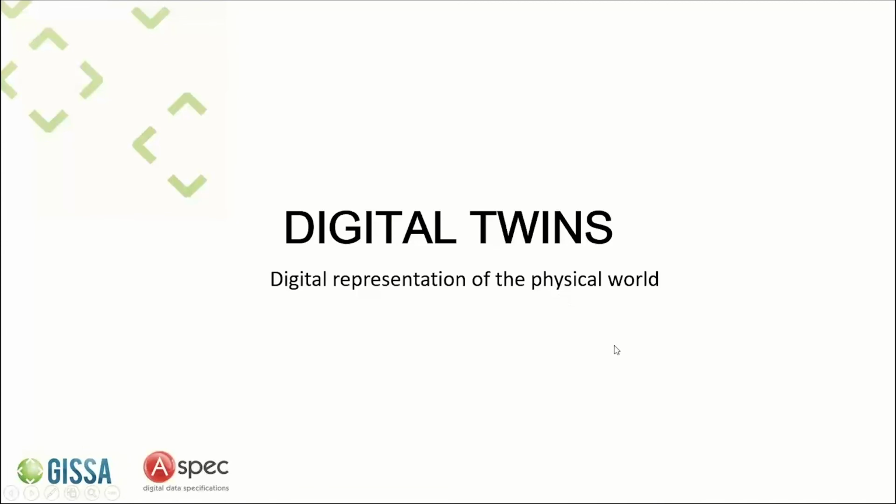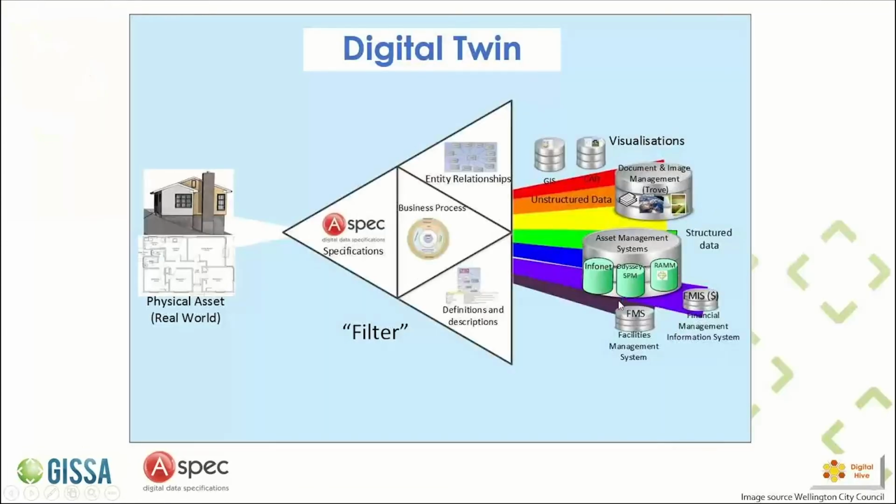Digital twins, digital representation of the physical world. A-SPEC already does that. If the physical world is a building, then A-SPEC has a definition of what aspects to collect about that so it can be managed, and it's completely agnostic of what system it goes into. Yes, there are entity relationships, there are definitions and descriptions that suit the end user, and it's all about mapping and aligning with the A-SPEC.